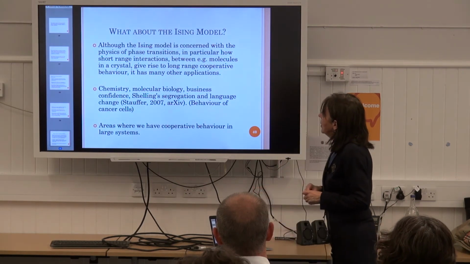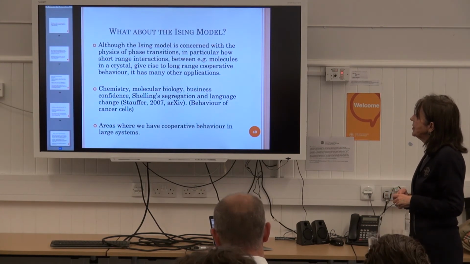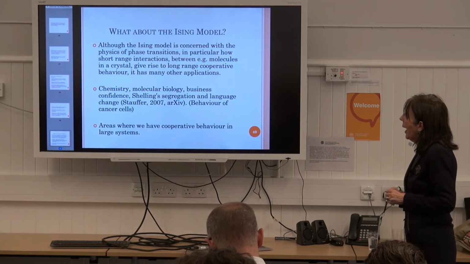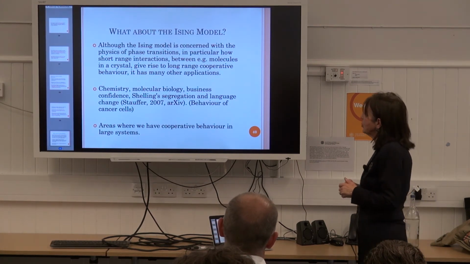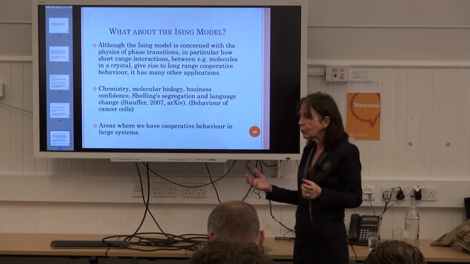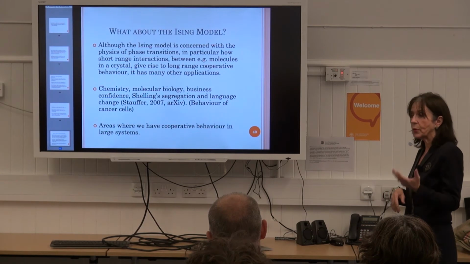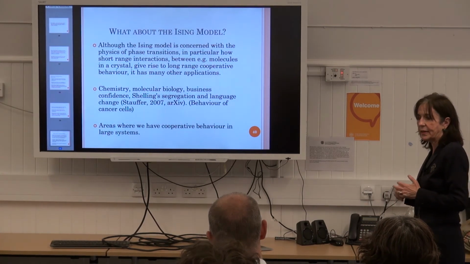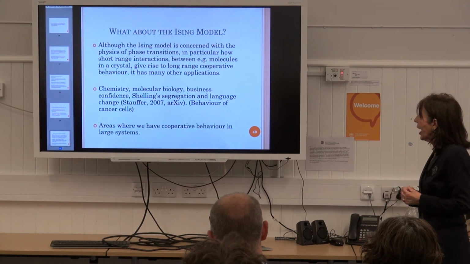So what about the Ising model? Well, the Ising model is concerned with the physics of phase transitions. And basically it looks at interactions that give rise to long-range cooperative behavior. So as a result of that, it's used for lots of different things. It's used to study the growth of cancer cells. It's used to study language change.